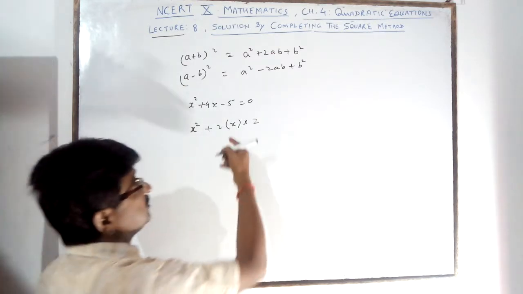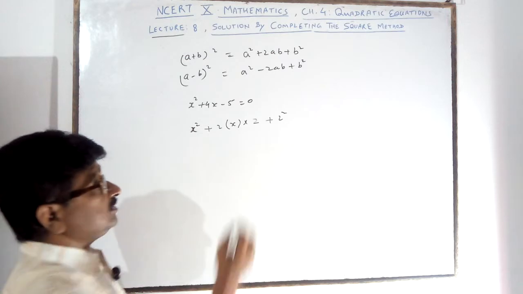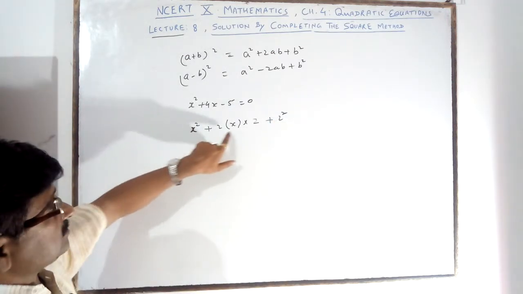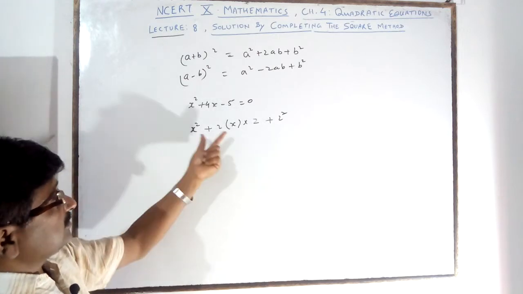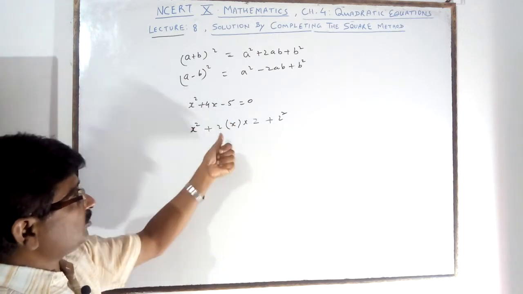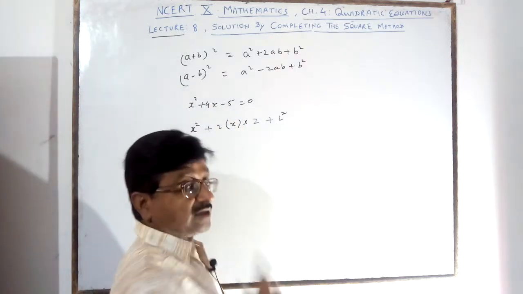If b is 2, then plus b square will also be there. So a square plus 2ab plus b square. Check whether it matches: first term is x square, second is 2 into x into 2, which is 4x. No change.